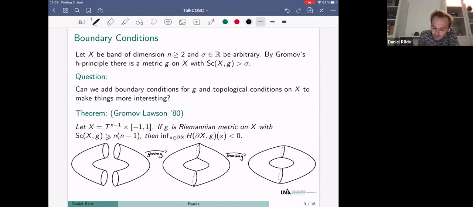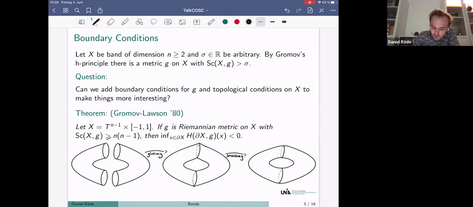And then the infimum of the mean curvature of the boundary has to be smaller than 0, which, if you phrase it the other way around, means that you cannot have a metric of positive scalar curvature on X which has non-negative mean curvature. And the proof due to Gromov and Lawson goes by a doubling procedure.